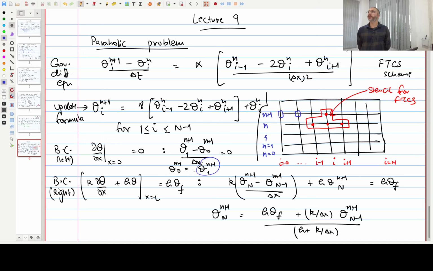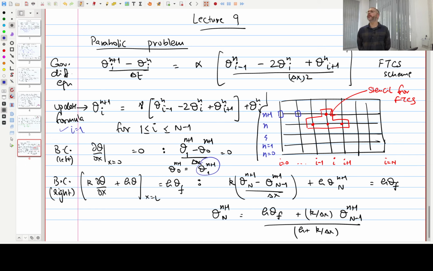Now that is only known once you have visited the update formula for I equal to 1. If you have not visited that, you have not calculated theta 1 at n plus 1th time. Okay. So first you have to do the interior points, only then you can do the boundary points.